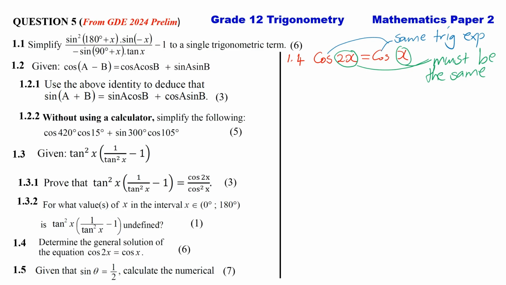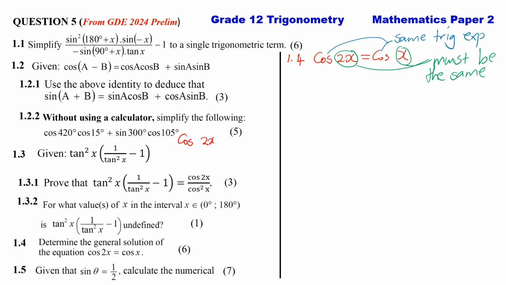One is a 2x, the other one is x, which means I must find a way to make sure that these angles are the same, at the same time making sure that I have got the same trigonometric expression in the equation. That brings us to double angle identities.